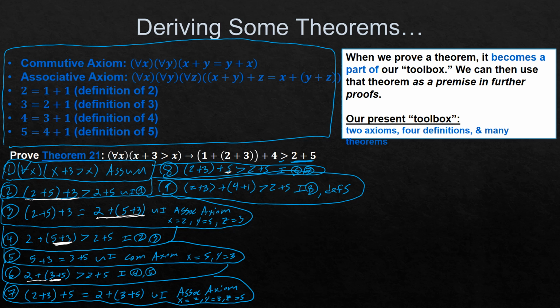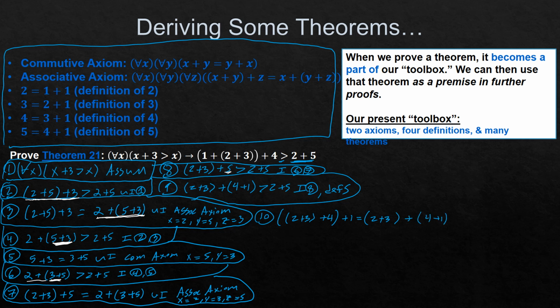Oof. Let's see if I can. For line 10, we'll use the associative axiom once again. And this time, let's see, we'll say parentheses, 2 plus 3, close parentheses, plus 4, close parentheses, plus 1 is equal to parentheses 2 plus 3 plus parentheses 4 plus 1.